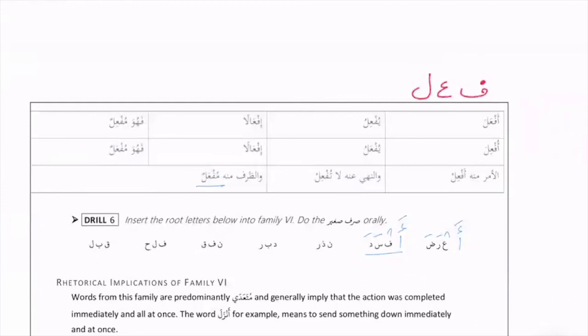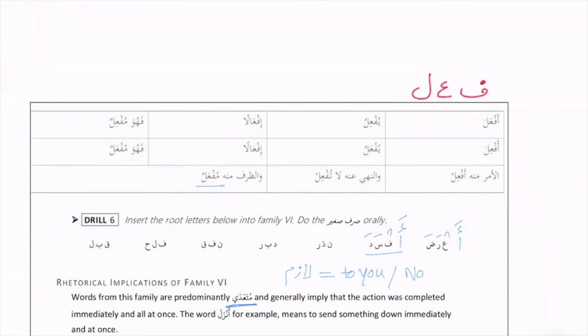Now, what is the rhetorical benefit, or we can say rhetorical implication of family 4? Words from this family are predominantly mutaddi. Mutaddi, what are the mutaddi? Lazim and mutaddi, always remember, right? What is lazim? The action is happening to you, and we do not need maf'ul.